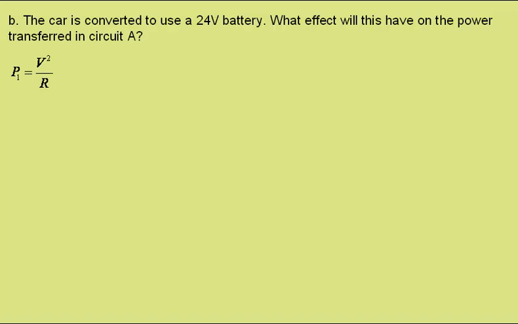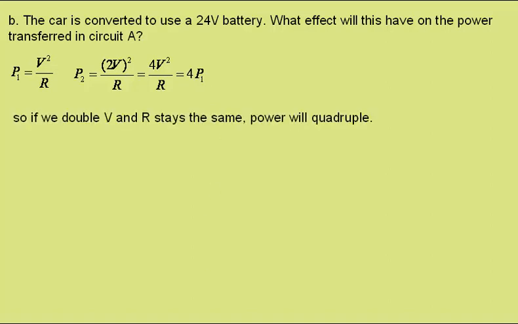Well, power is equal to V squared over R from the datasheet, and in this case the power in the second circumstance with the 24-volt battery will be equal to 2V, as the voltage has doubled, squared over R, which, expanding out, gives 4V squared over R. This term then is 4 times the value of this term, so we have 4 times the power. So we can say that if we double the potential difference and the resistance stays the same, the power will quadruple.